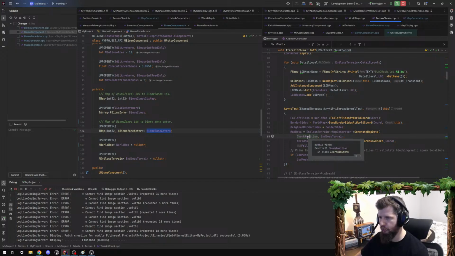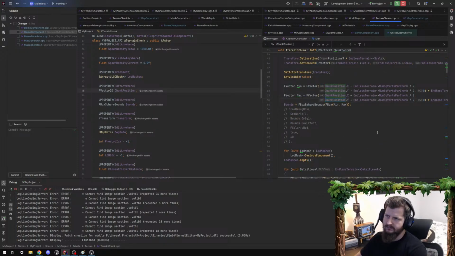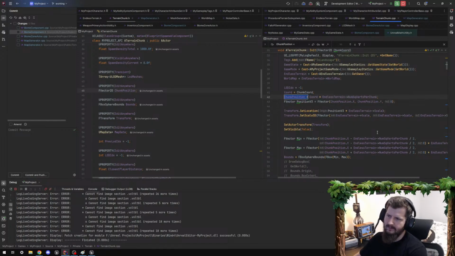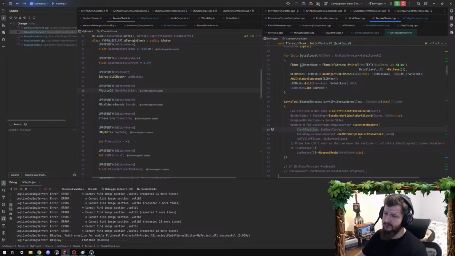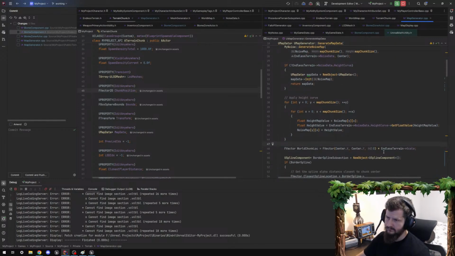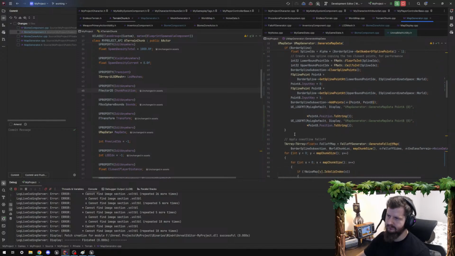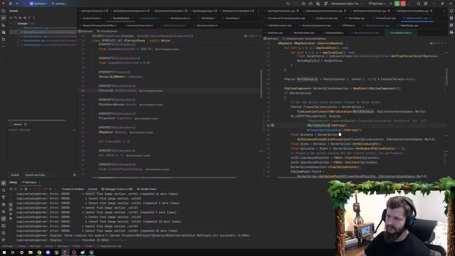And chunk position is times scale. Times num square verts per chunk. Which is why I just multiply it by scale. Okay, so that's why that looks like that. That makes more sense now.